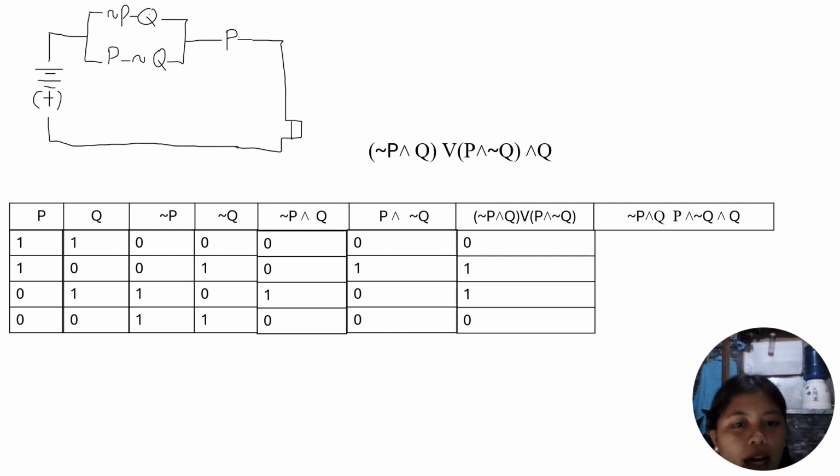Lastly, we have the output based on the switching network. We have the negation of P and Q, or P and negation of Q, and Q. Using the symbol of conjunction, let's compare the negation of P and Q, or P and negation of Q, to Q. Using the symbol of conjunction, which is AND: 0, 1 is 0, 1, 1 is 1, and 0, 0 is 0.